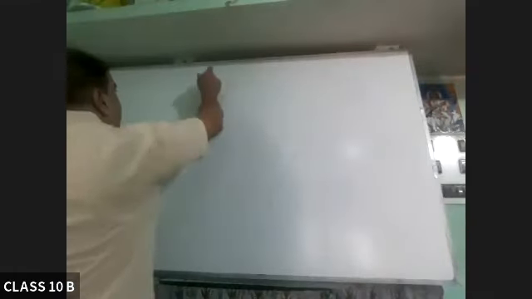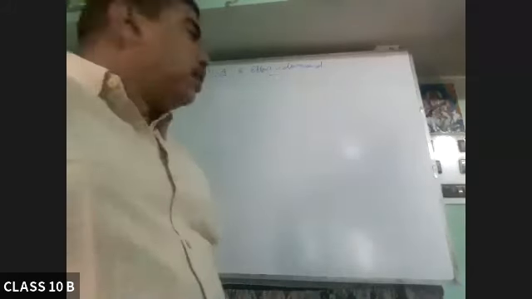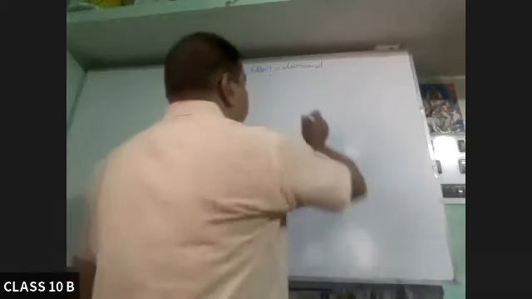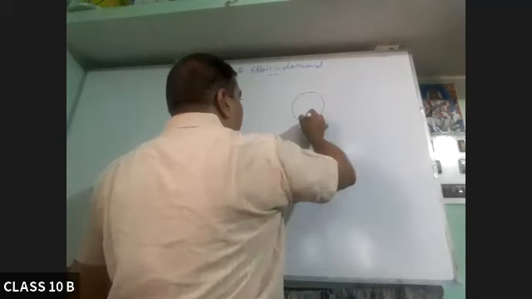So when n is 4 and effort is downward, what will it be? 2 pulleys will be in the upper block and 2 will be in the lower block.